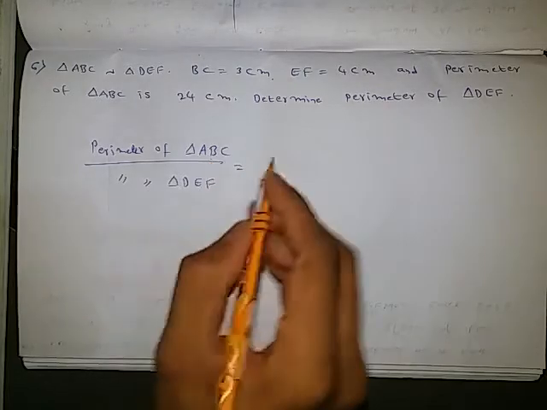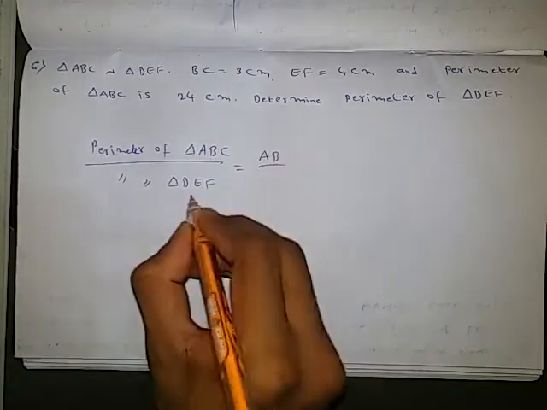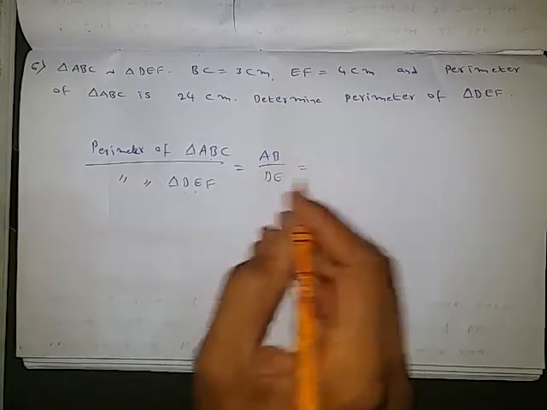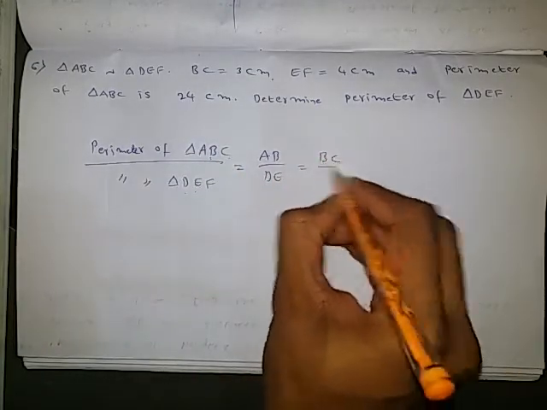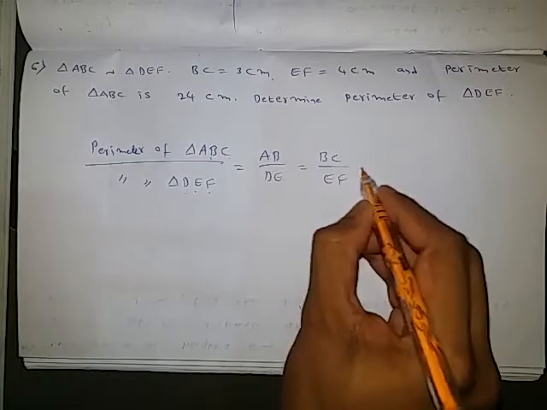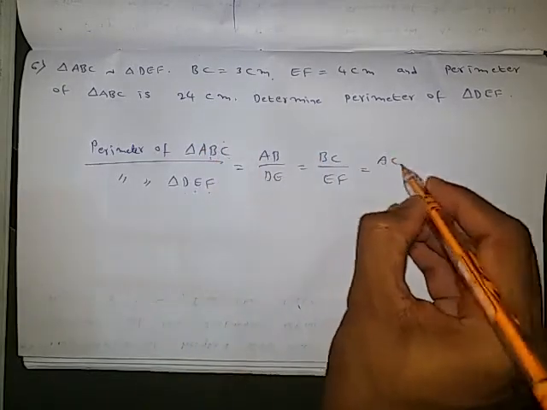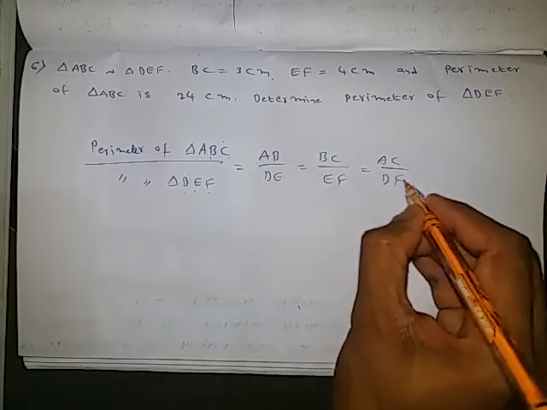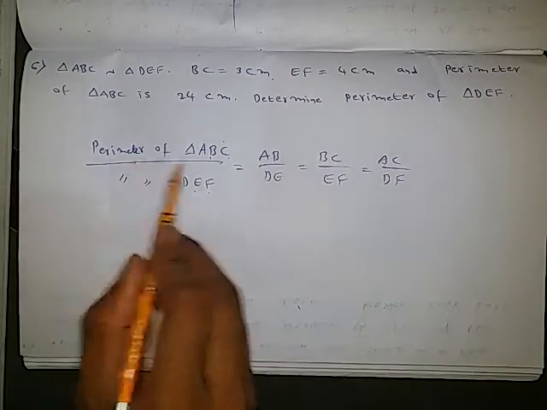So here AB divided by DE is equal to BC divided by EF, which is equal to AC divided by DF.